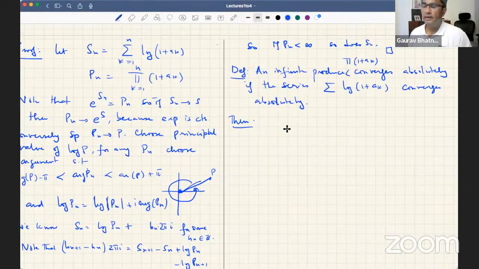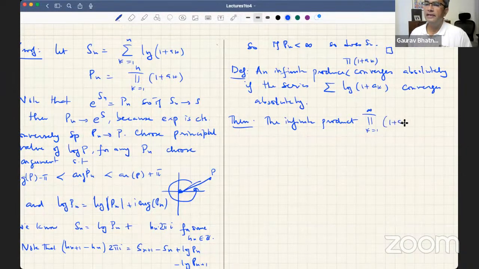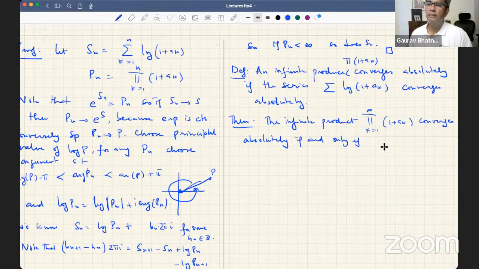Here's a theorem. The infinite product, k going from 1 to infinity, of 1 plus a_k converges absolutely if and only if the series summation a_k, k going from 1 to infinity, converges absolutely.